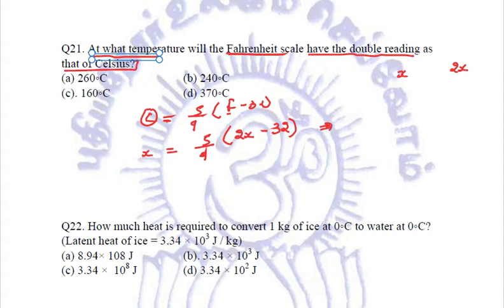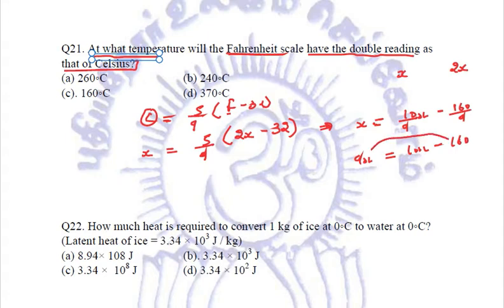It becomes x is equal to, opening this bracket, 10 by 9x minus 5 into 32 becomes 160 by 9. Taking 9 common and multiplying it, we can also write 9x is equal to 10x minus 160.